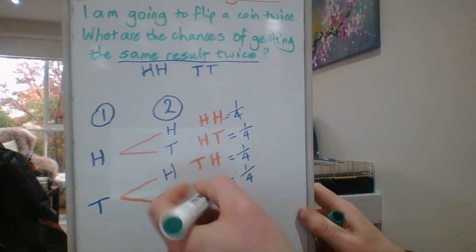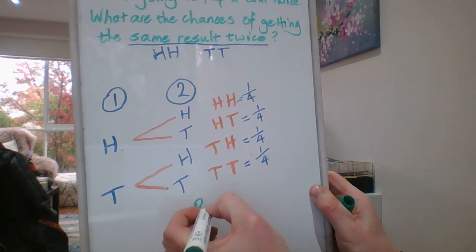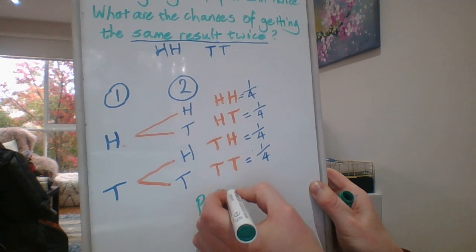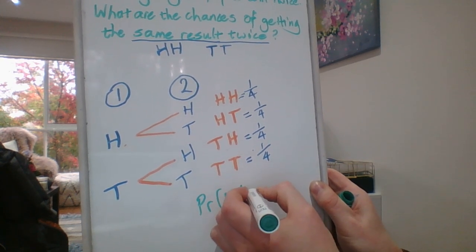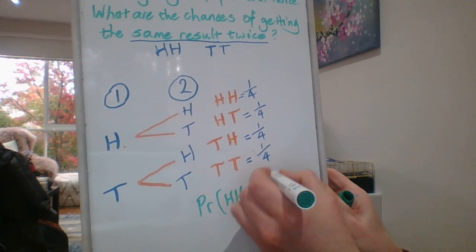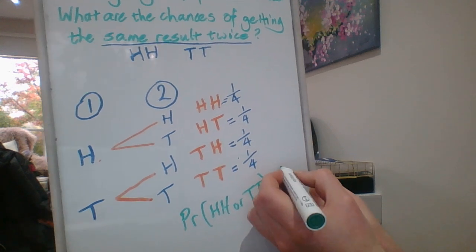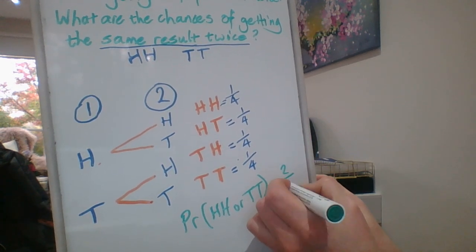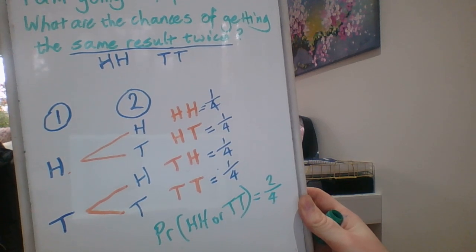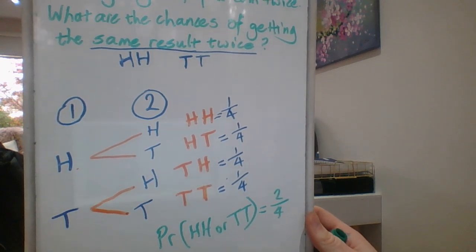So I could say that the probability of getting 2 heads or 2 tails would be 2 out of 4. Okay, because there's 4 possible outcomes and 2 of them are the ones that we want.